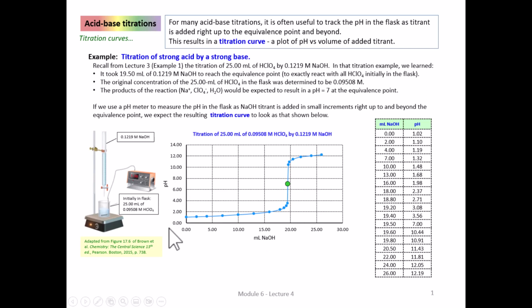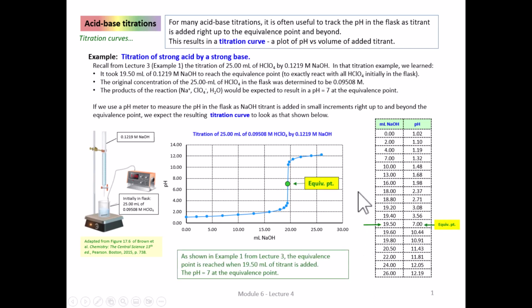We have pH, which we're measuring with the pH meter, plotted on the y-axis, and the number of milliliters of titrant, in this case milliliters of sodium hydroxide, on the x-axis. We have the data in tabular form over here. For example, we said the equivalence point was reached when we had added 19.5 milliliters of sodium hydroxide and that the pH was 7, and I've highlighted that point on the titration curve.